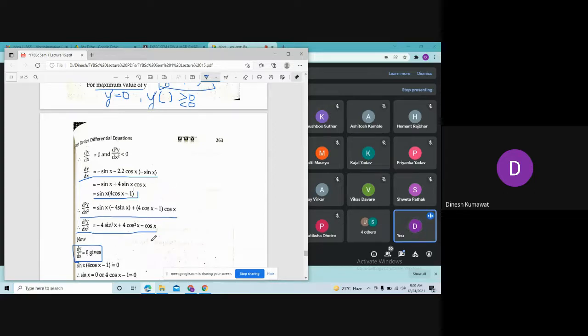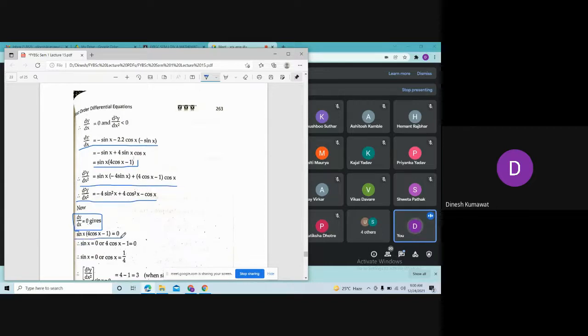So we are having this has to be 0, which means either sin x is equals to 0 or 4 cos x minus 1 is equals to 0. Using this, we are having sin x is equals to 0 or cos x is equals to 1 by 4.